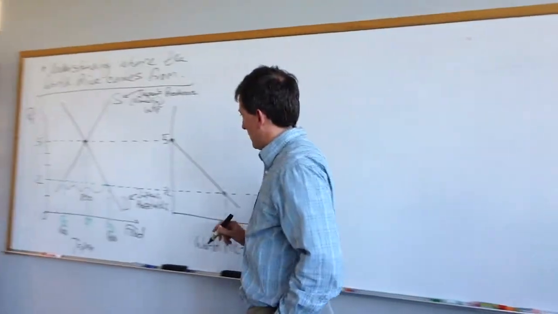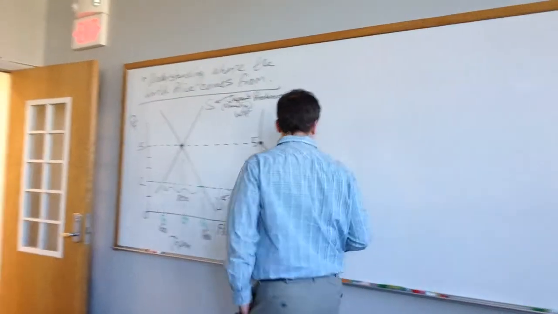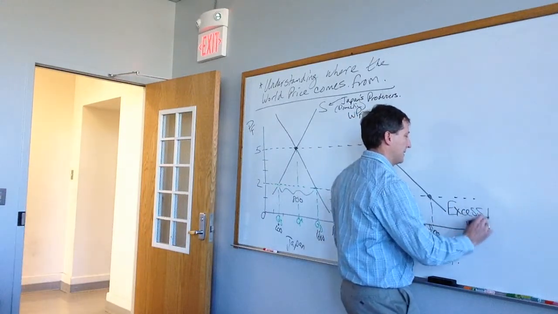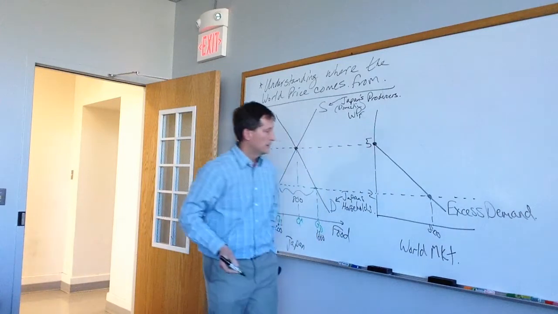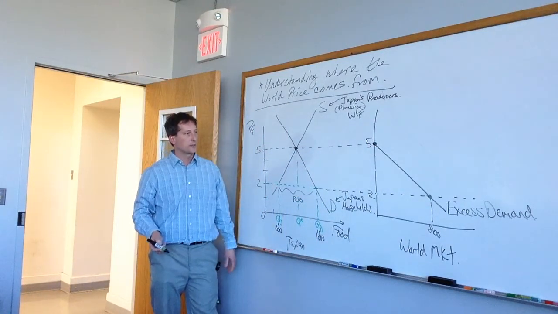We've got a new thing of the world's demand for food. So this is sometimes called the excess demand curve. The demand that's above the domestic production.